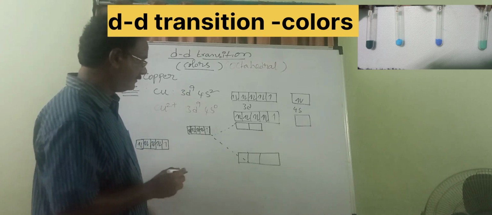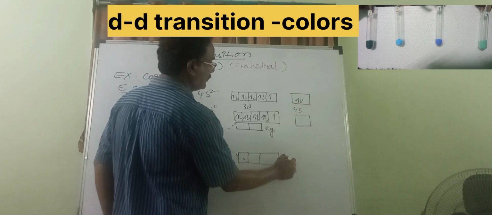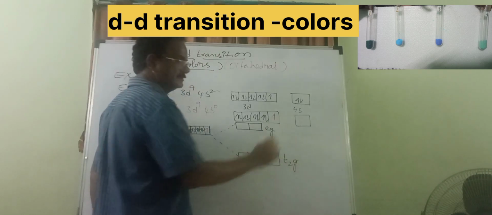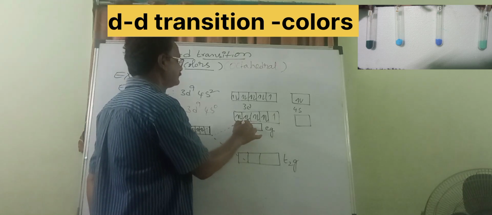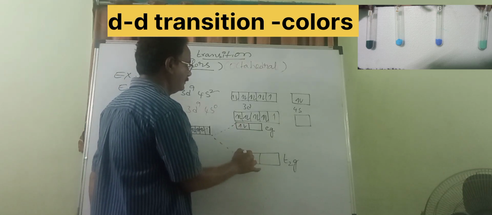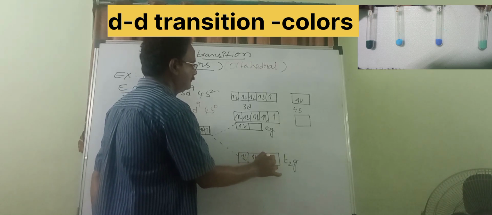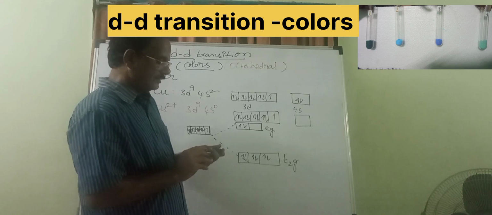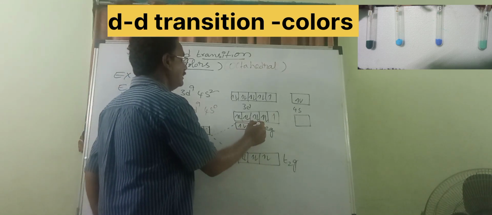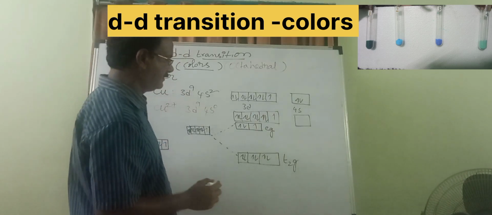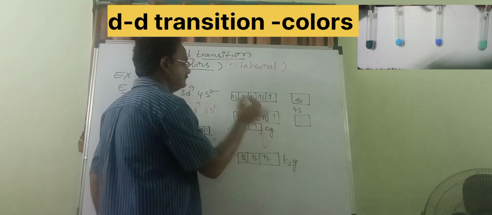The orbitals at the top are to be considered as Eg orbitals, and the orbitals at the bottom are to be considered as T2g orbitals. Here, no issue with paired electrons usually. So here an unpaired electron is there that will go to the Eg orbital at first. After that, the transition of this electron from Eg to T2g takes place.